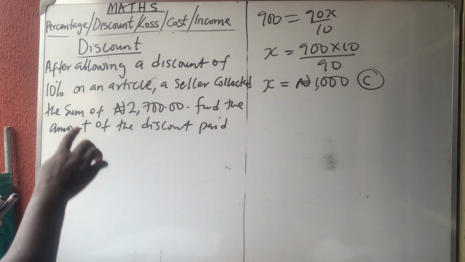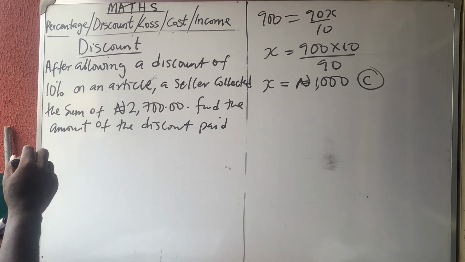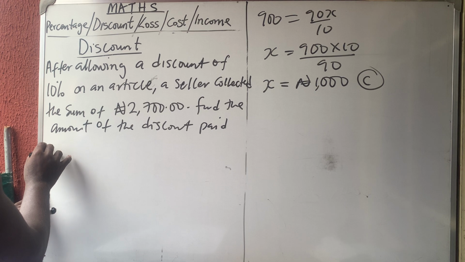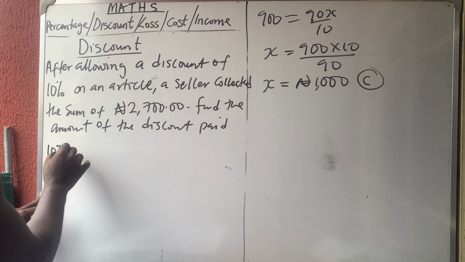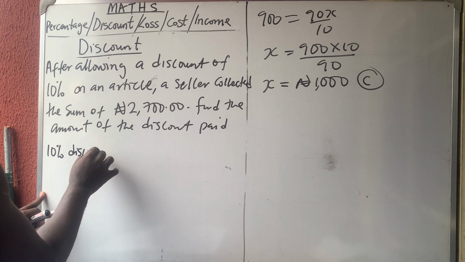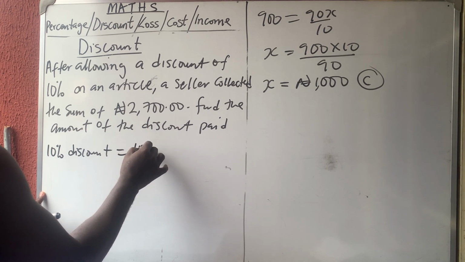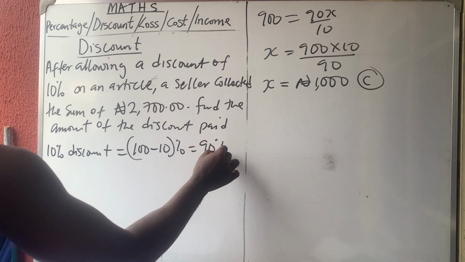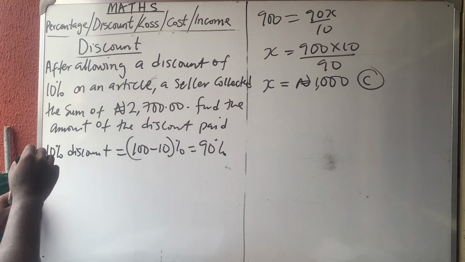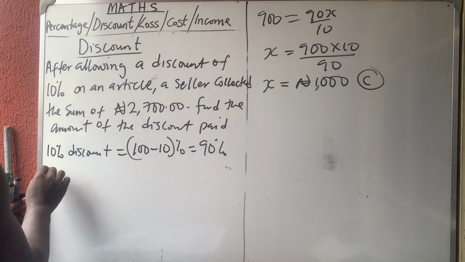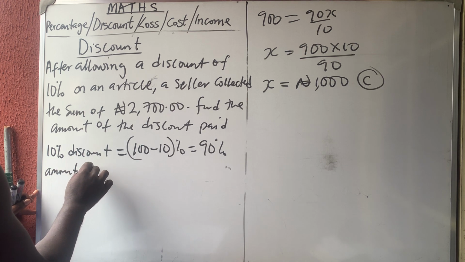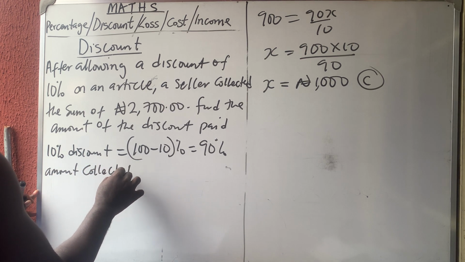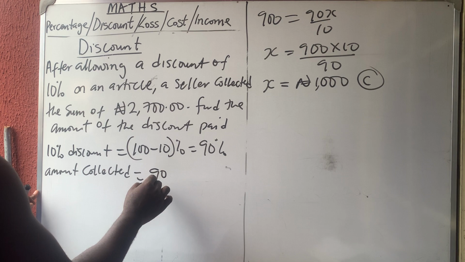So now look at the amount he collected. We have 10% discount, which means 100 minus 10 in percent, which is 90%. So the amount collected was 90% of the total money.